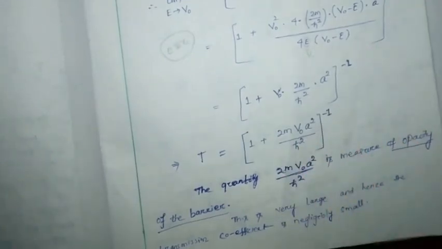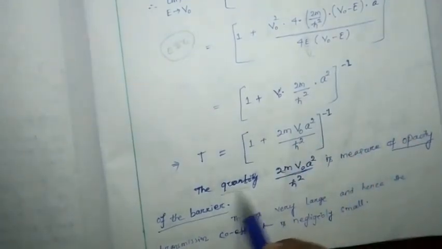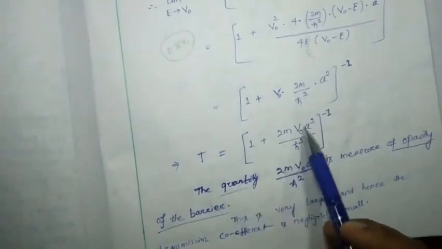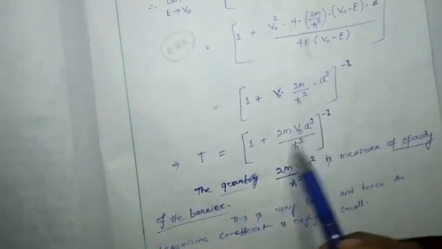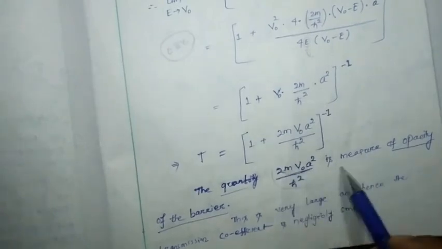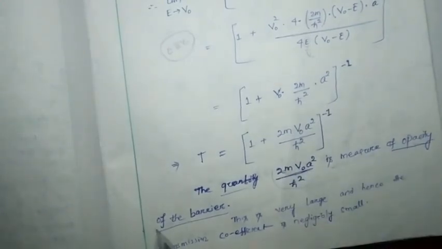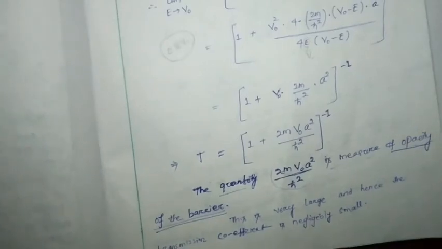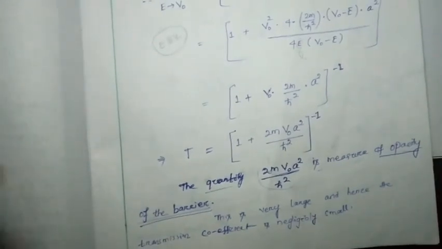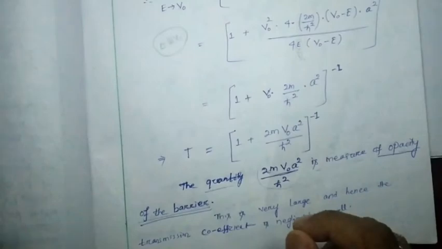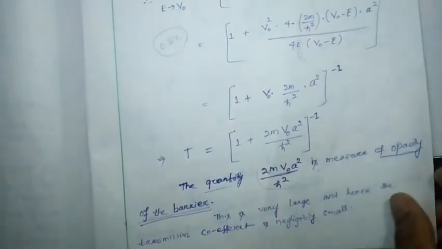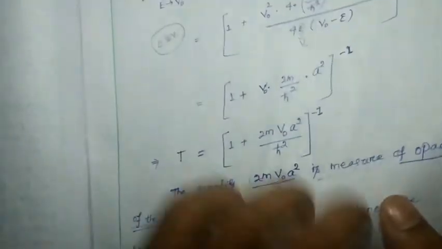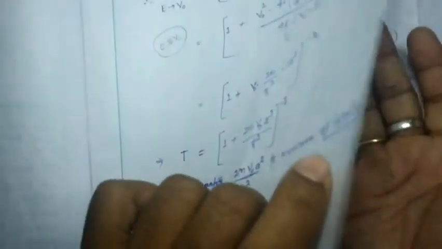So this quantity, 2mV0a square by ħ square, is the measure of opacity of the barrier. Opacity means how much restriction power it has. Opaque means there is no transmission of light through this to this side.